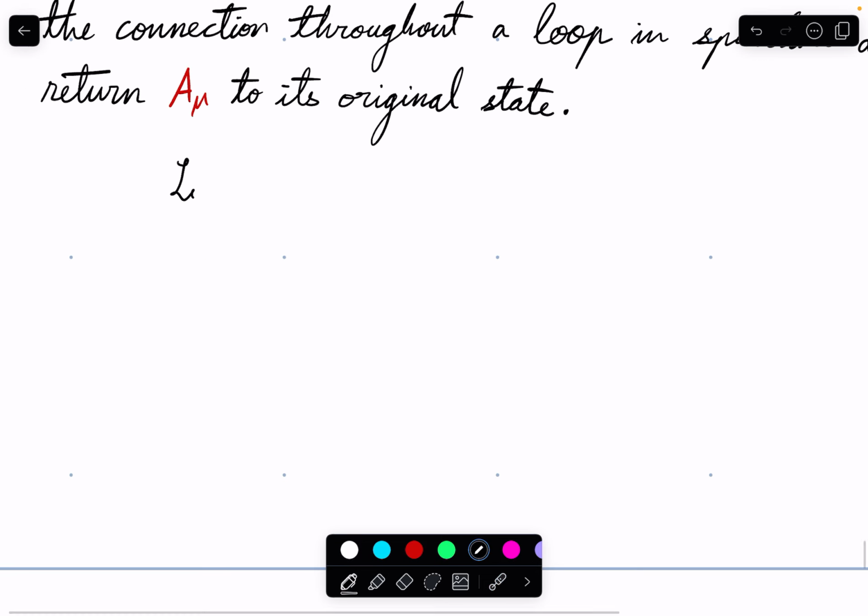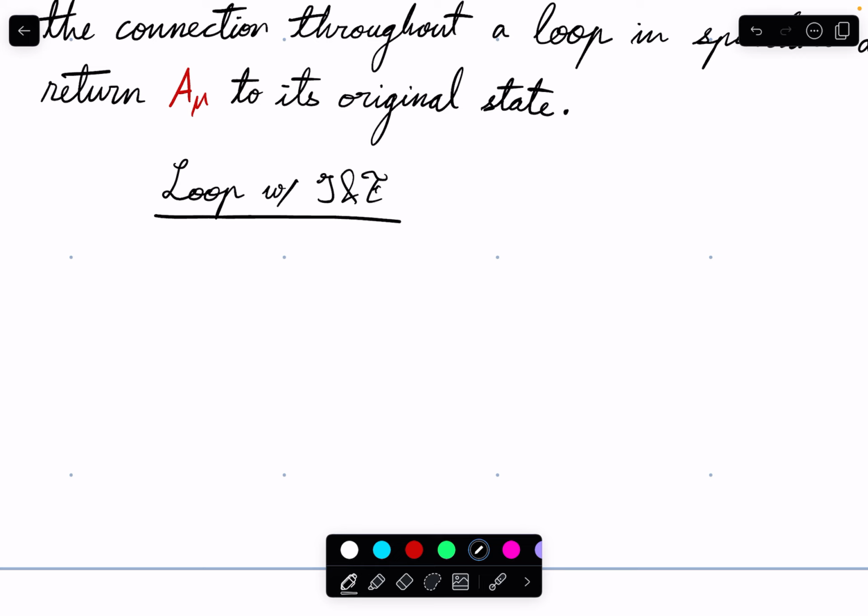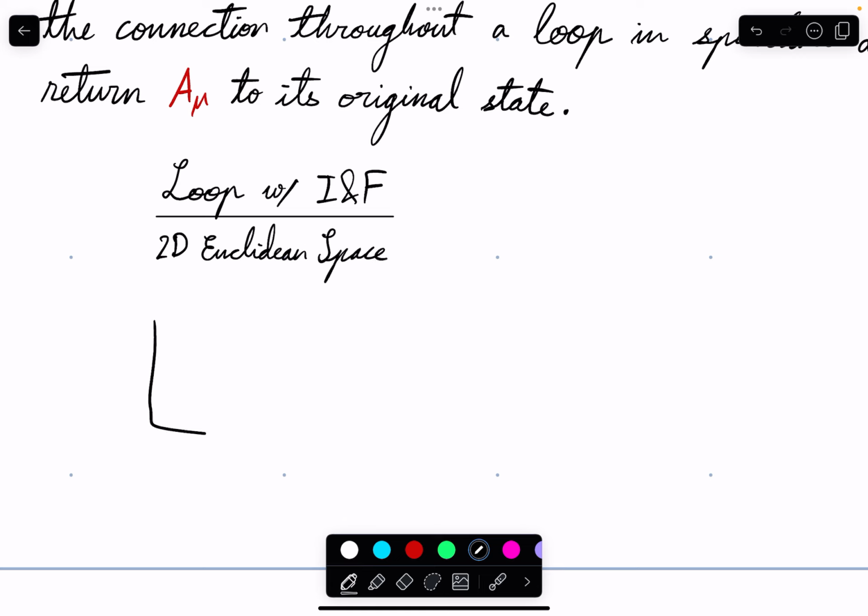So we'll say a loop with the same initial and final points. I'll just write these like this. It's easier to see. An example of this is if we have two-dimensional Euclidean space, then we get some kind of box like this.